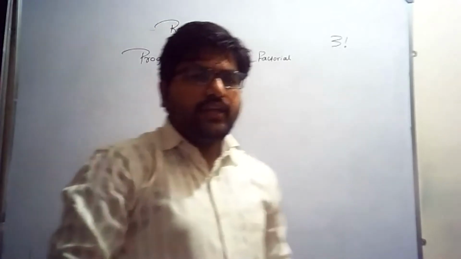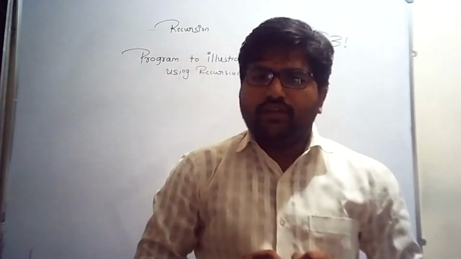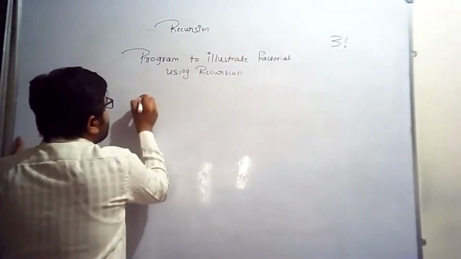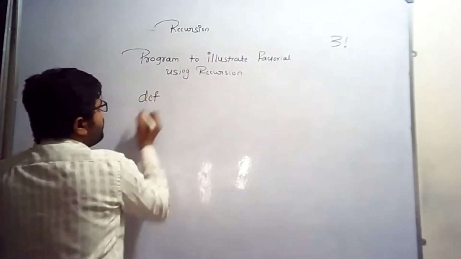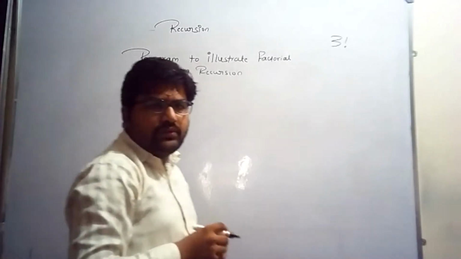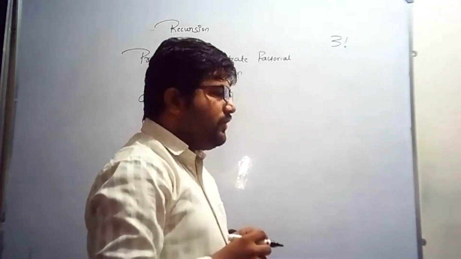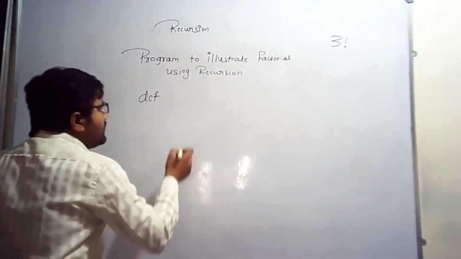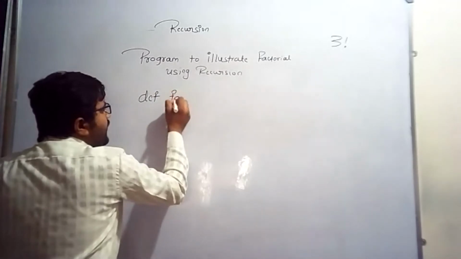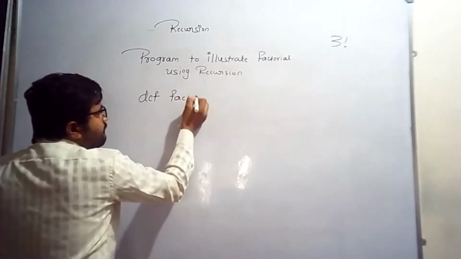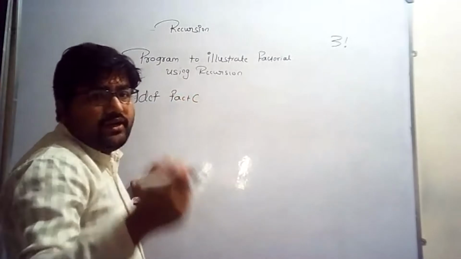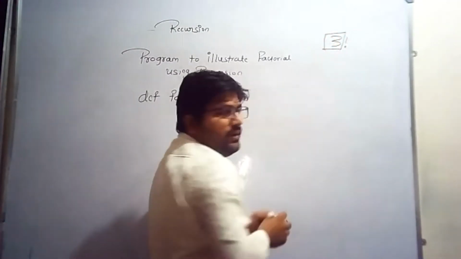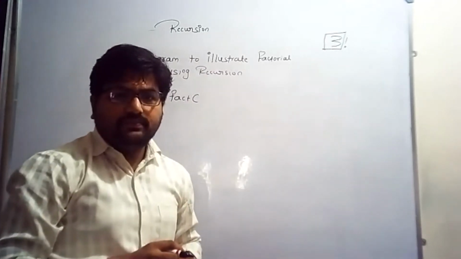So how we are going to write it? First we need to define a function. That is DEF, defining a function. What do you need to give? The name, as you know. I will call it as fact. What do I need to pass? The number for which I need to calculate the factorial.